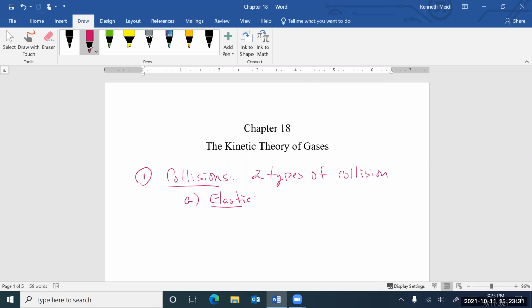In our labs, that's probably about as close as we're going to get to something that we call an elastic collision. Because in an elastic collision, momentum is conserved, but also the kinetic energy is conserved. And so you're conserving the energy of these objects that are in motion.